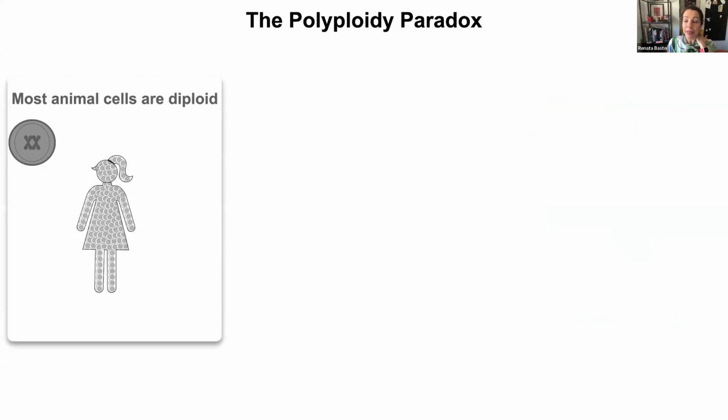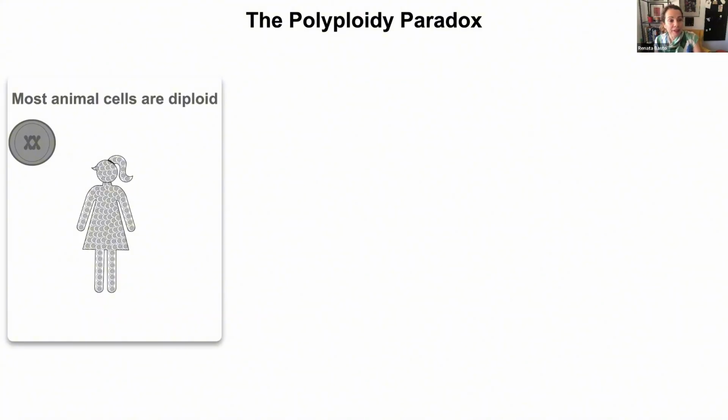the polyploidy paradox, and it's not actually being developed in the brain, even if the initial point of this project was actually developed in the developing Drosophila brain.